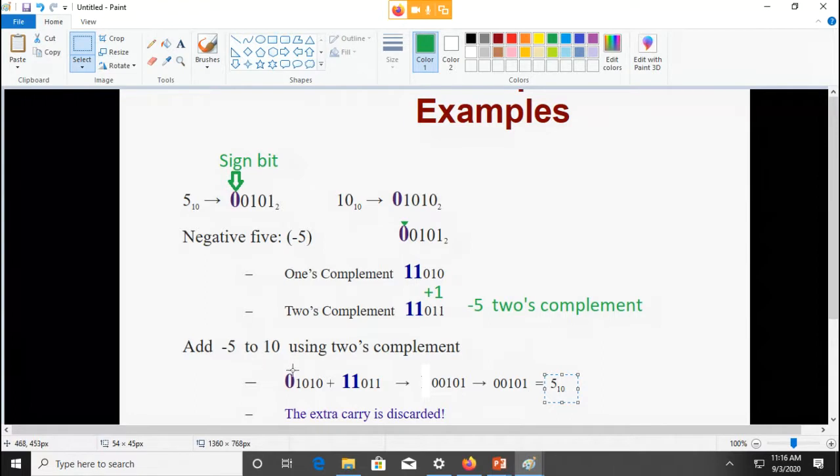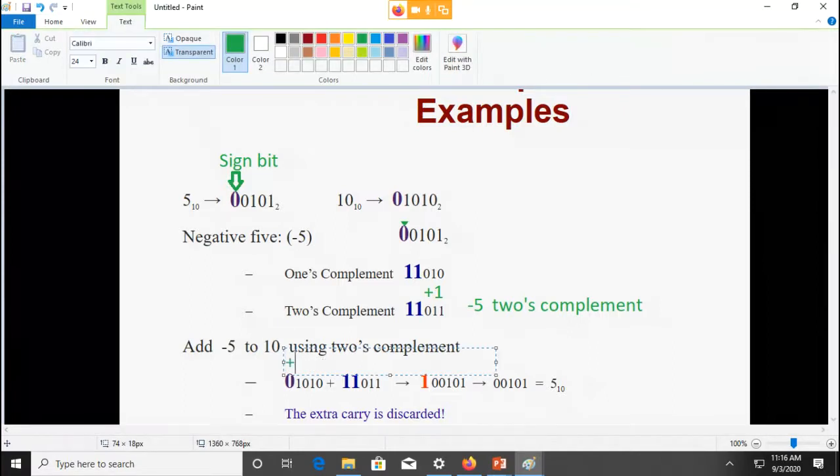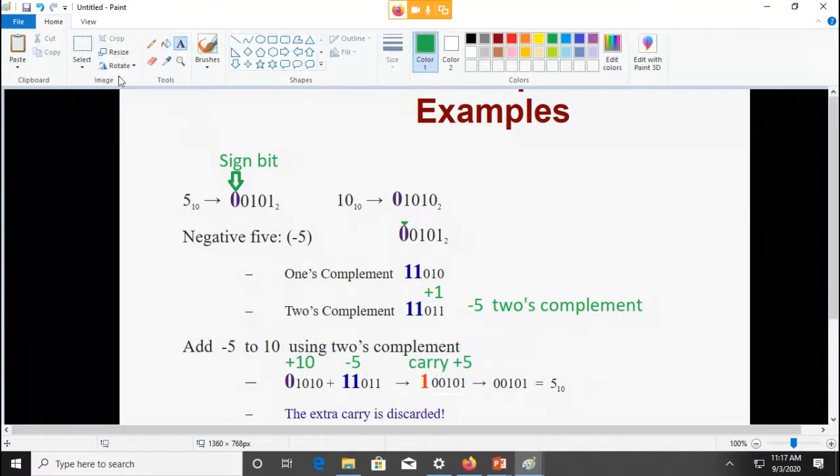So this number here is a plus 10, and this number here is a minus 5. There's a carry, and then we're left with positive 5. So we just ignore this carry, and we get a positive 5.